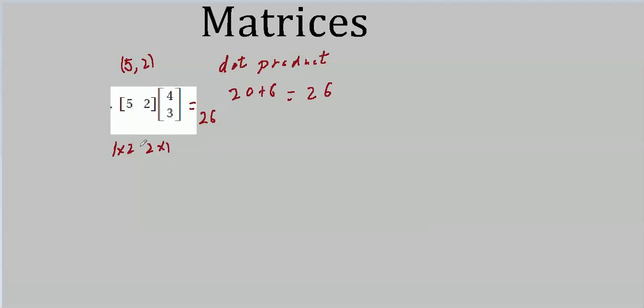Did that make sense? These two have to match up, or otherwise the multiplication is not defined. If the multiplication is defined, these outer numbers here tell you the dimensions of the resulting matrix. For instance, I said I could add rows or columns here, right? And it would still be defined, because I would just be multiplying this row by this column, then another column, then another column. That would be fine.